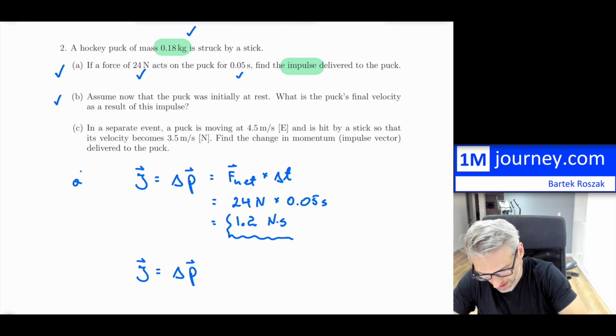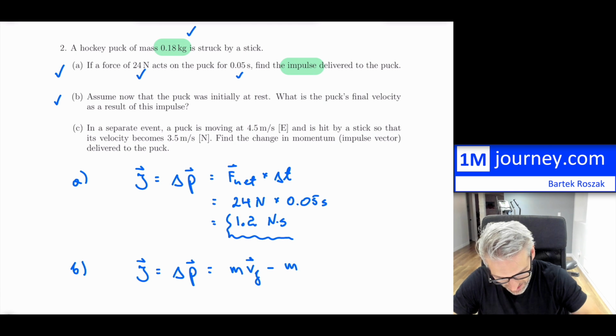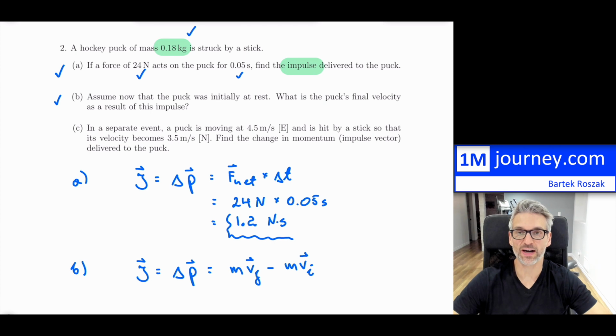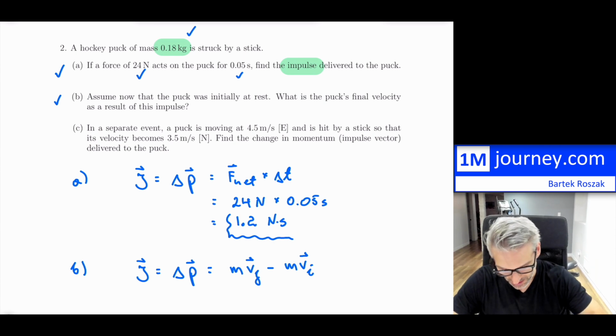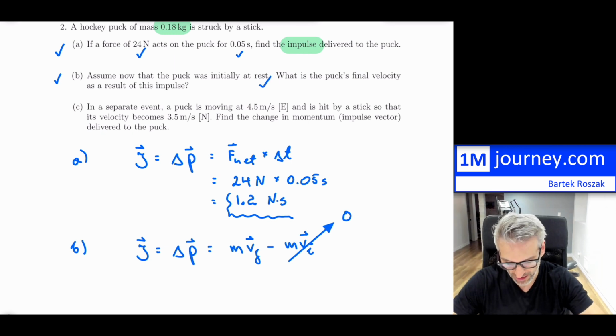This was for part A, and this is going to be for part B. If it is the change in momentum, that means this would be your mass times the final velocity, minus the mass times the initial velocity. This is your final momentum minus your initial momentum, which is nothing else but the change in momentum. In here, this whole term is going to be 0 because they are telling us we are initially at rest.